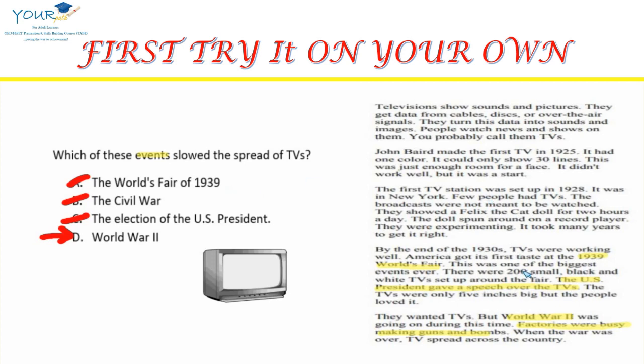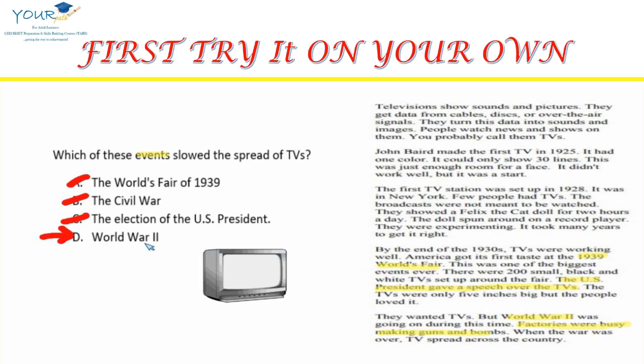Also, you want to make sure as you're reading your text that you're taking note of what's going on in the text in terms of the events that are occurring around your options, such as for option A, we noticed that during the 1939 World's Fair, there was not a slowing down of the spread of TVs because there were 200 small black and white TVs there at the fair.